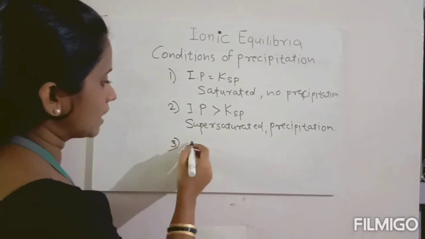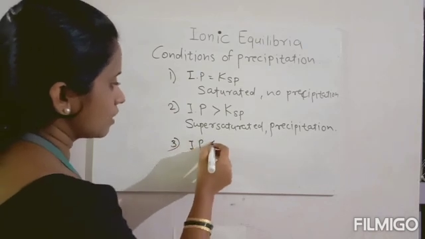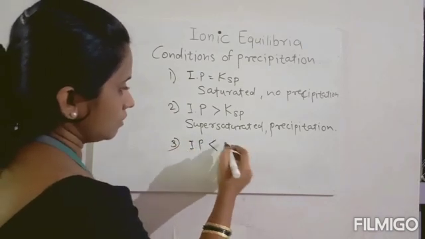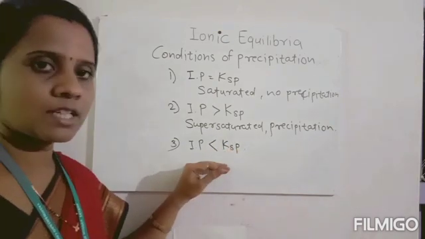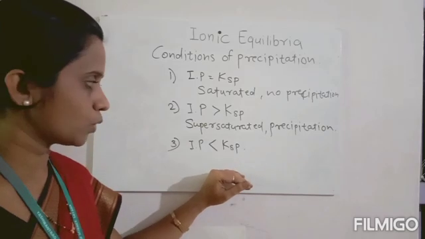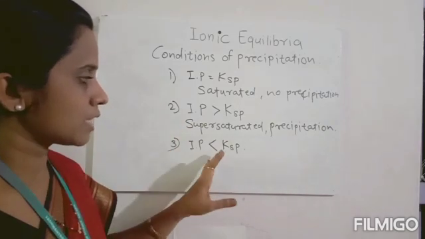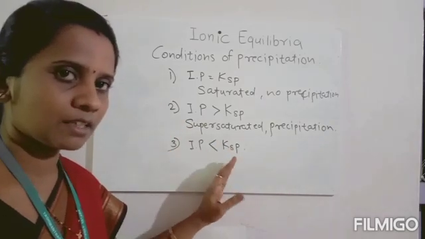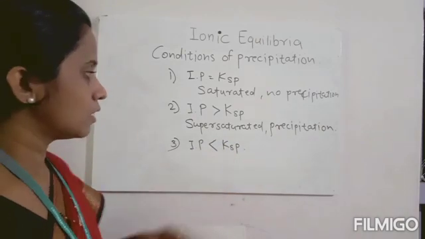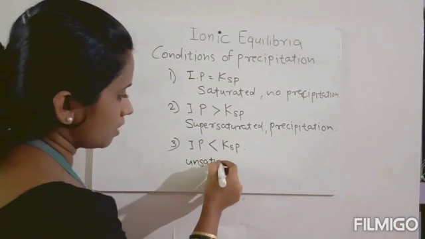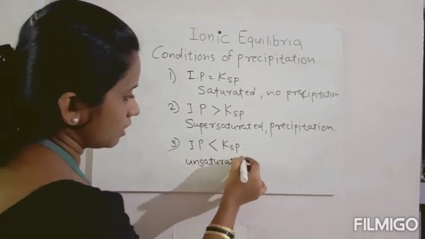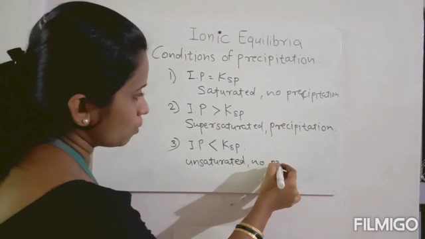And the third criteria, when ionic product is lesser than solubility product. Okay, when ionic product is lesser, or solubility product is greater than ionic product, at that stage the solution is unsaturated and there will be no precipitation.